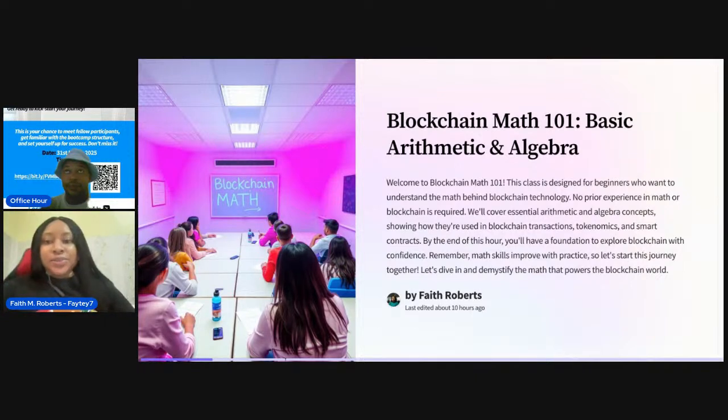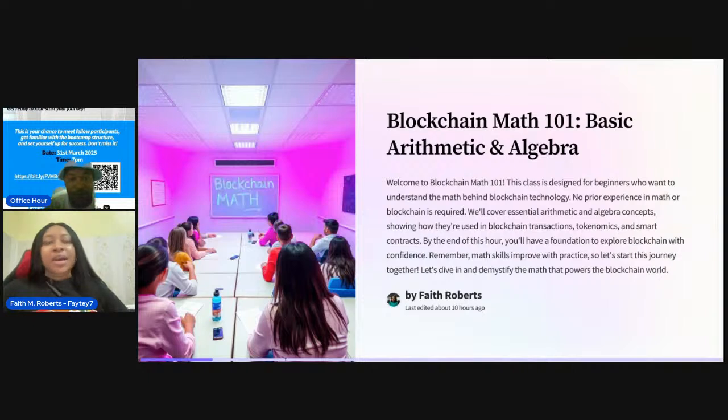So, blockchain math 101, we go straight to basic arithmetic and algebra. For the duration of this bootcamp, why we'll be taking math is for us to understand the mathematical part of blockchain and have a proper understanding of what is happening behind the scene, and to help ease our transition for those who are just transitioning into blockchain development.